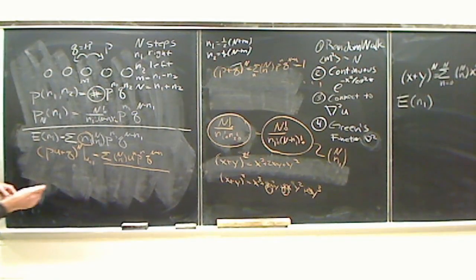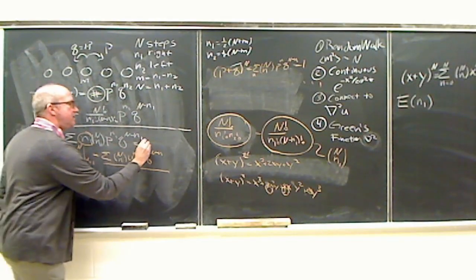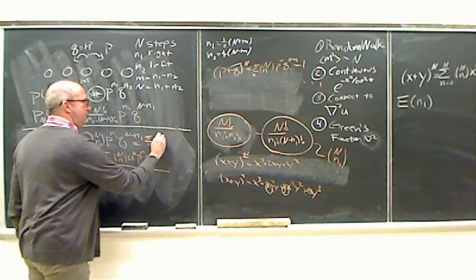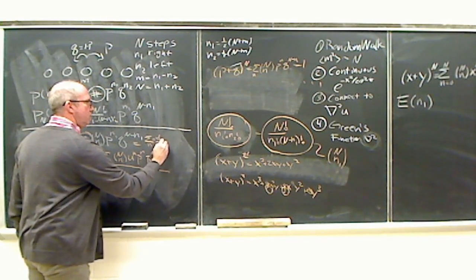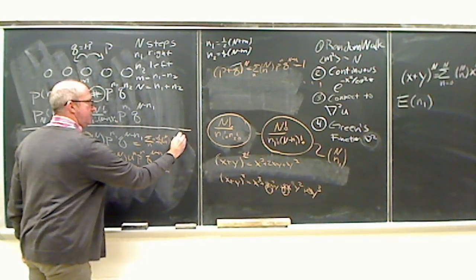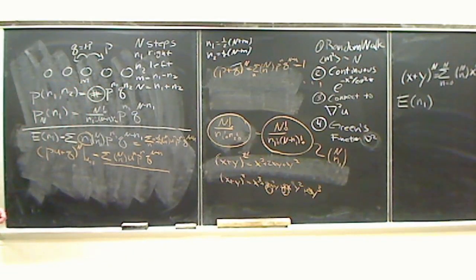So I can say that this is equal to the sum on little n of u times d by du of n choose n, u to the n, p to the n, q to the n minus n. So I'm inserting a 1 and then taking the derivative of a thing that I know is constant, so I'm not actually doing anything.